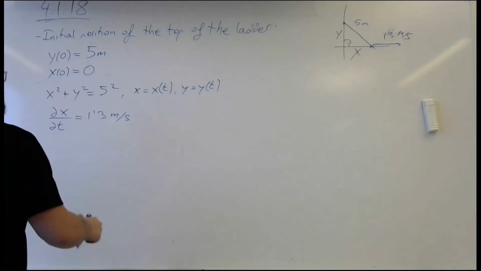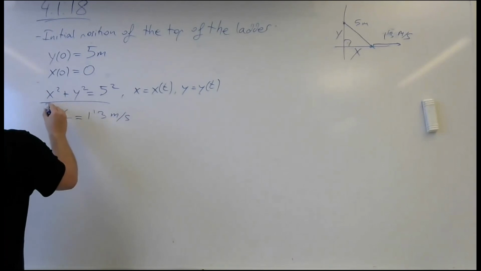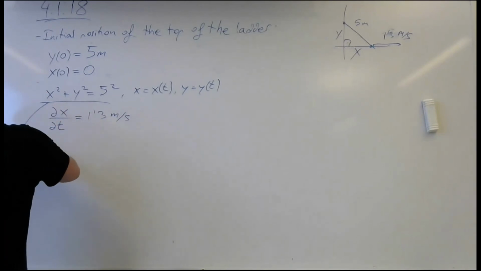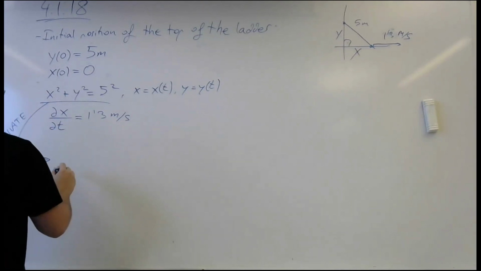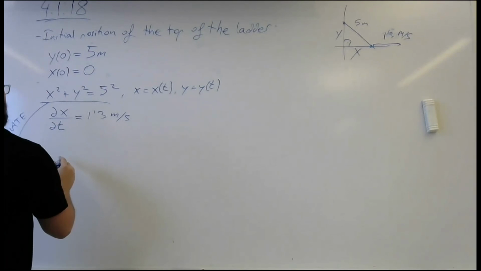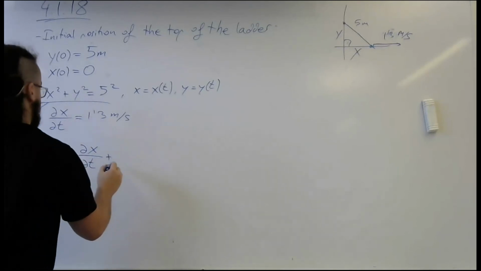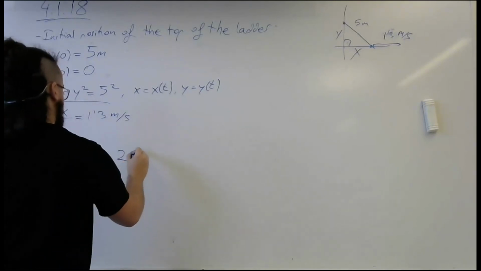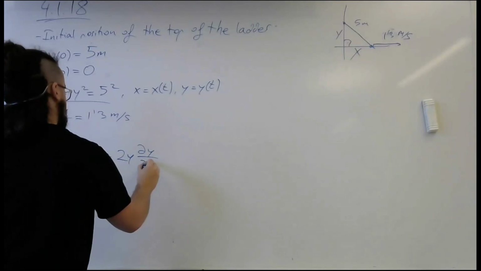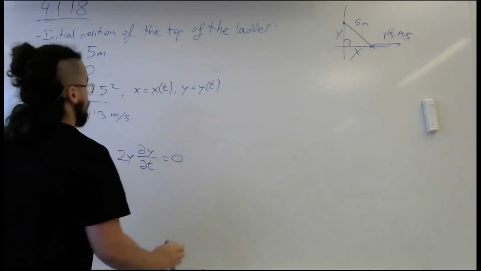So let's see. We derivate this. And we have 2x dx/dt plus 2y dy/dt equals 0.